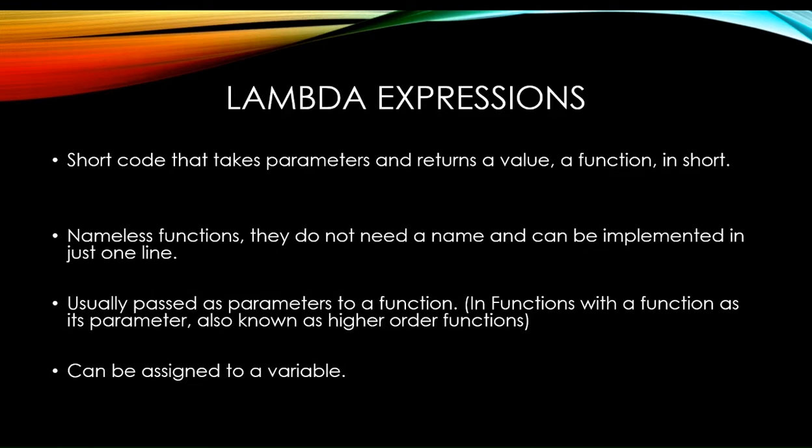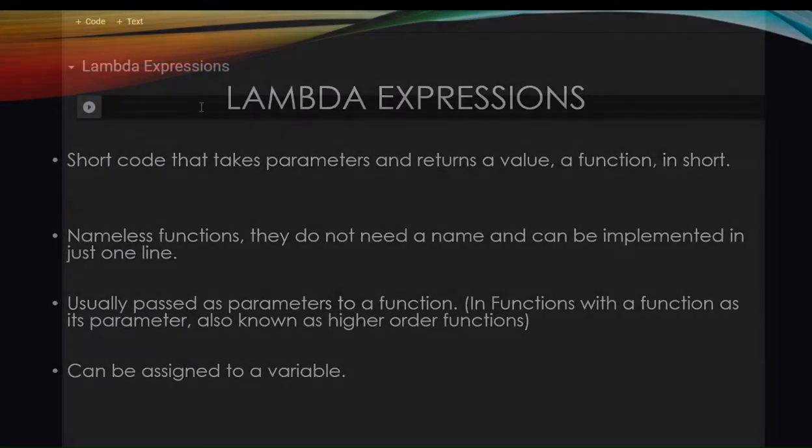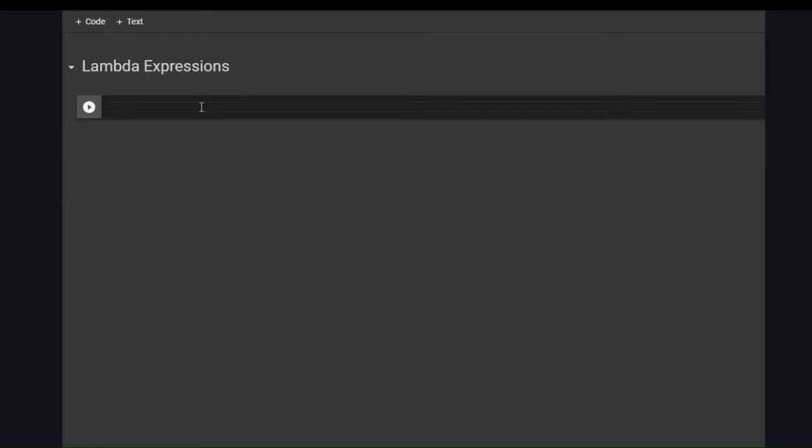First, let's take a look at what lambda expressions are. A lambda expression is a short piece of code that takes parameters and returns a value, a function in short. Lambda expressions are nameless. They do not need a name and can be implemented in just one line. So normally we know that we define a function something like this.